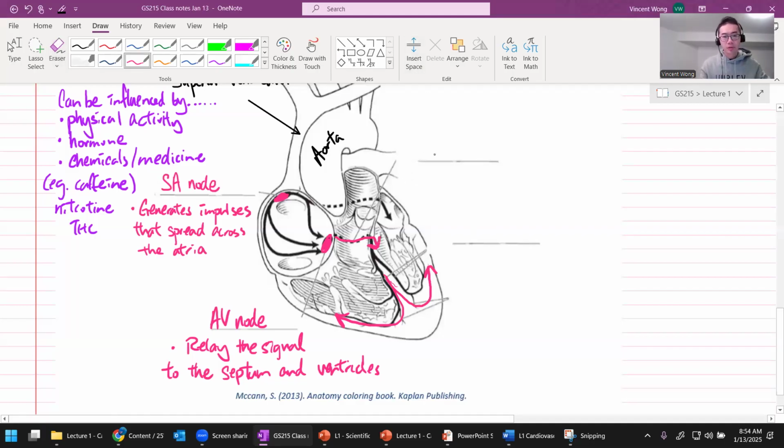I'm not going to burden you with it too much. We just call them AV bundles. AV bundle, and then more AV bundle. And finally, these things that are in the walls of the ventricles, that's called the Purkinje fibers.